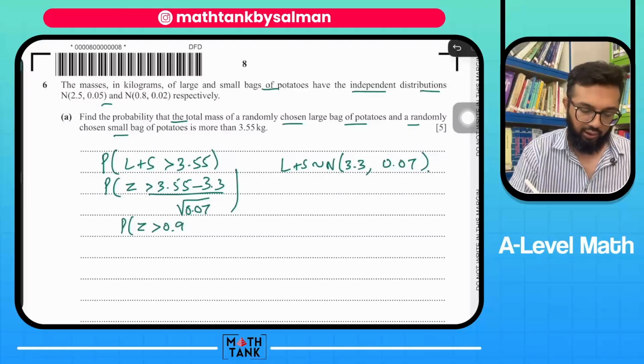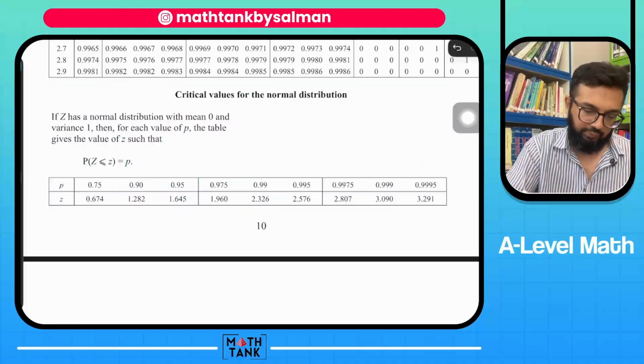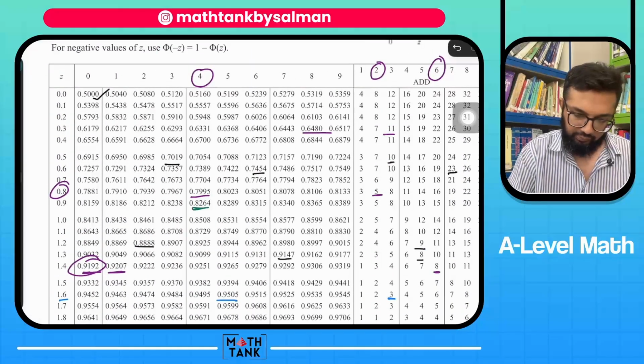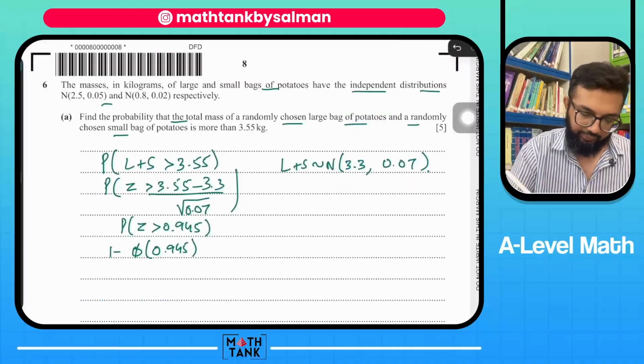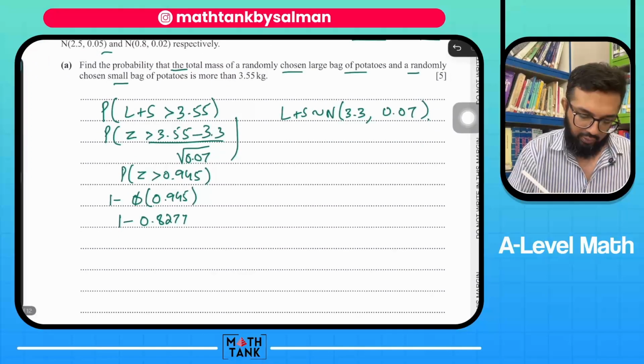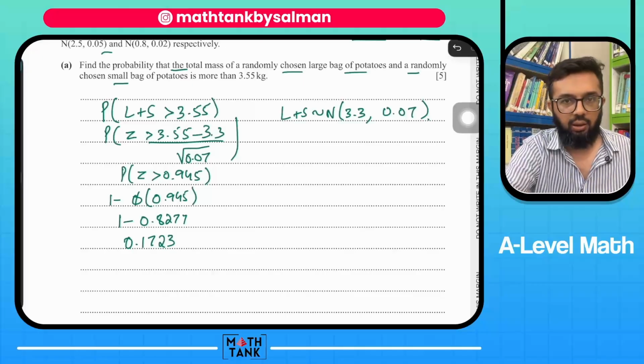Z greater than 0.945. Okay, 0.1723. I think that should be the correct answer.